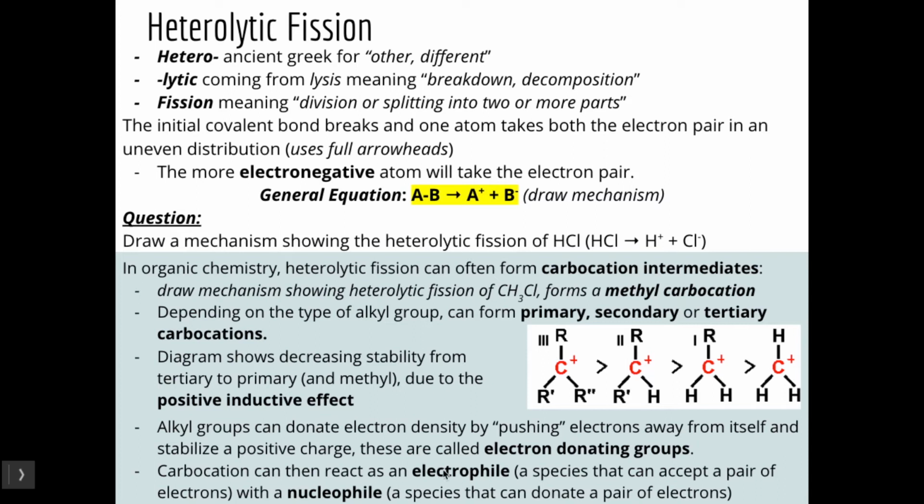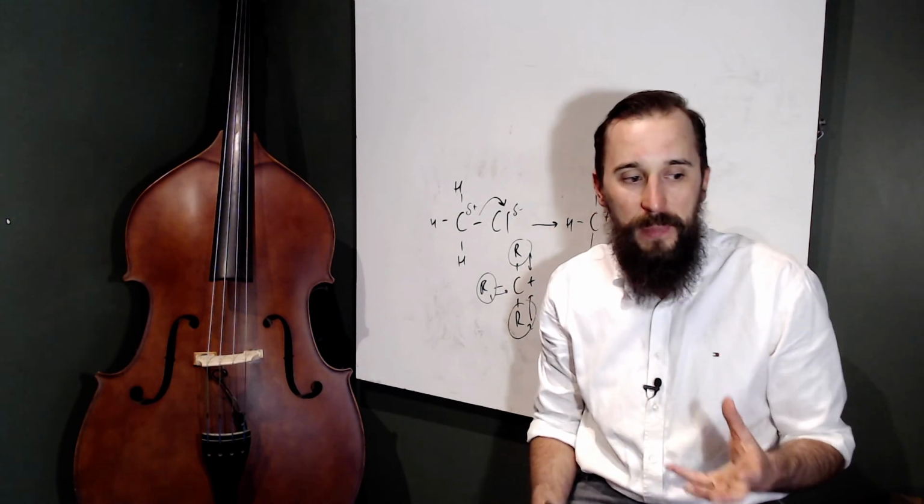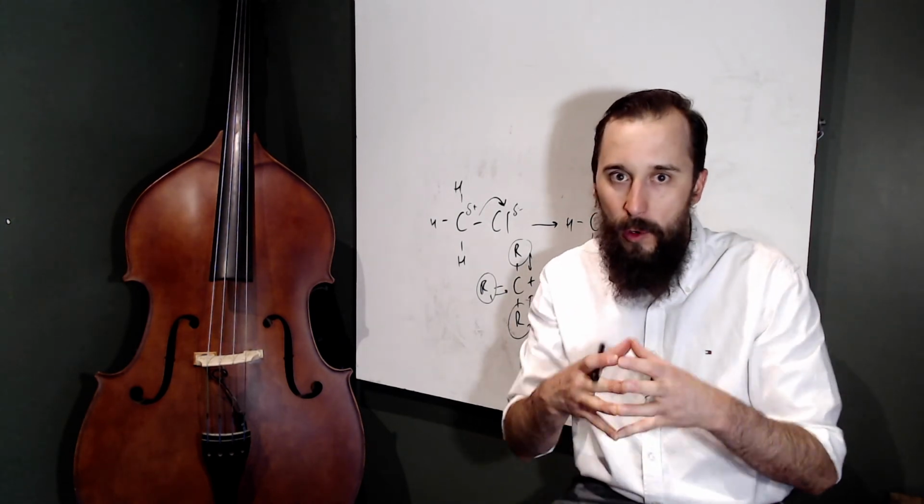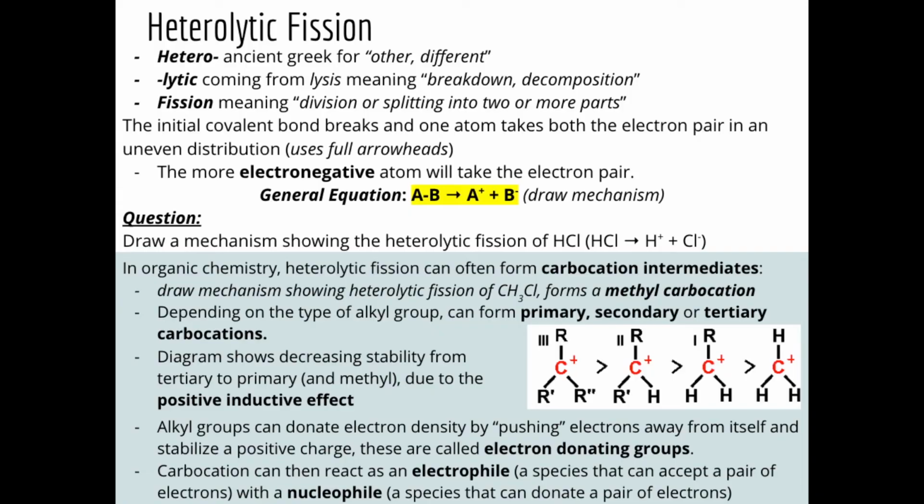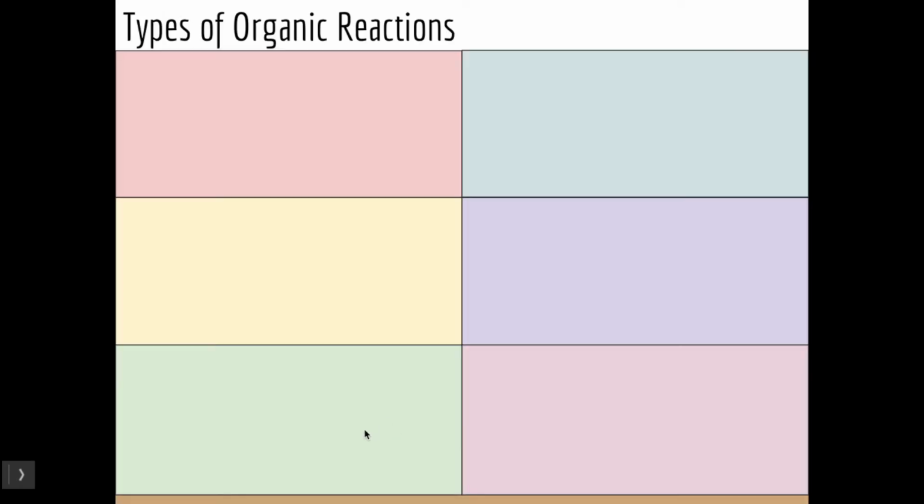So it wants to get some sort of electronness, wants to get a negative charge in some capacity onto it, whereas our nucleophile likes nucleuses, and nucleuses have positive charges. So it's a species that's looking for a positive charge to react with. So electrophile is a species that can accept a pair of electrons, with a nucleophile, a species that can donate a pair of electrons. Two terms we're going to be hearing of lots and lots in the coming lessons.